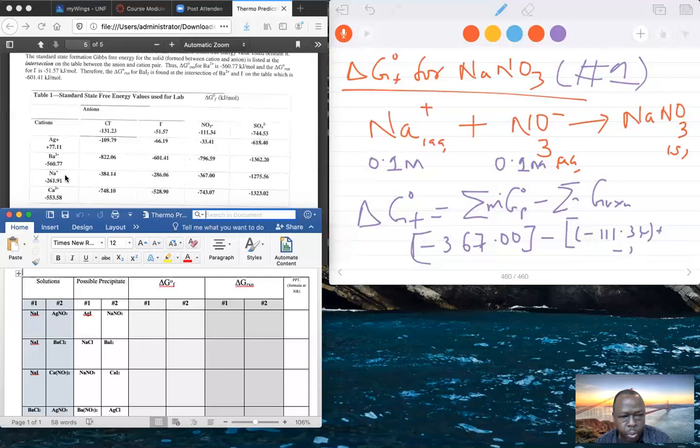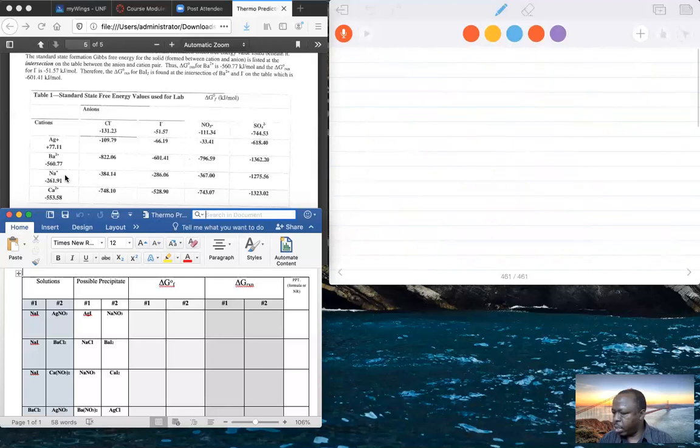Negative 261.91. So I'm just gonna add the 2 there. It's gonna be what? Negative 111.34 plus 261.91.